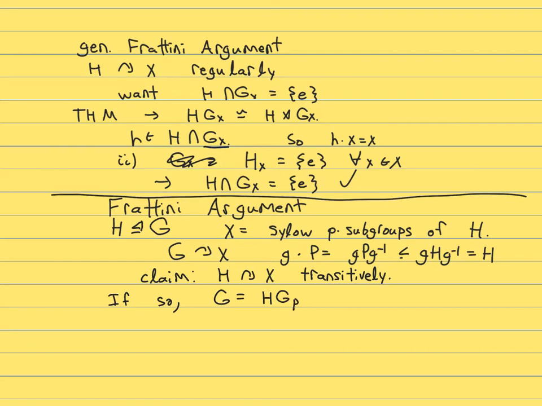Oh, but what is the normalizer with respect to this action? It is the normalizer, not the normalizer, stabilizer. It is the normalizer in G of P. And then my comment about index in general immediately applies the condition we wanted here as well. So I only need to check this claim. And so how do I check this claim?